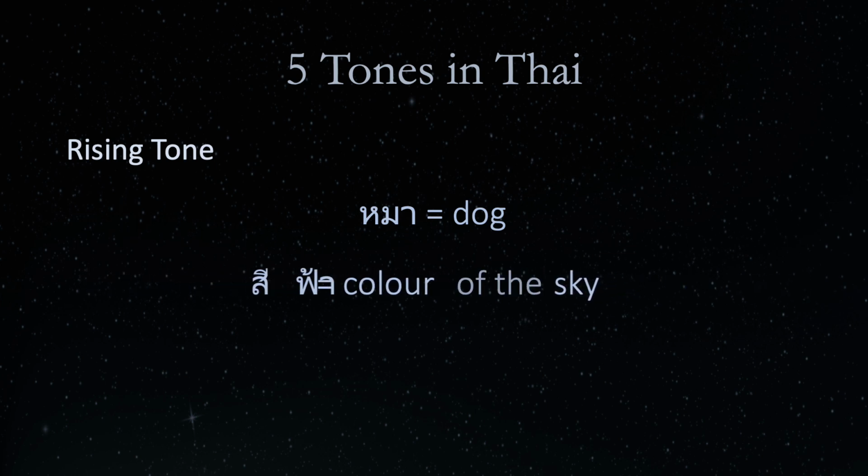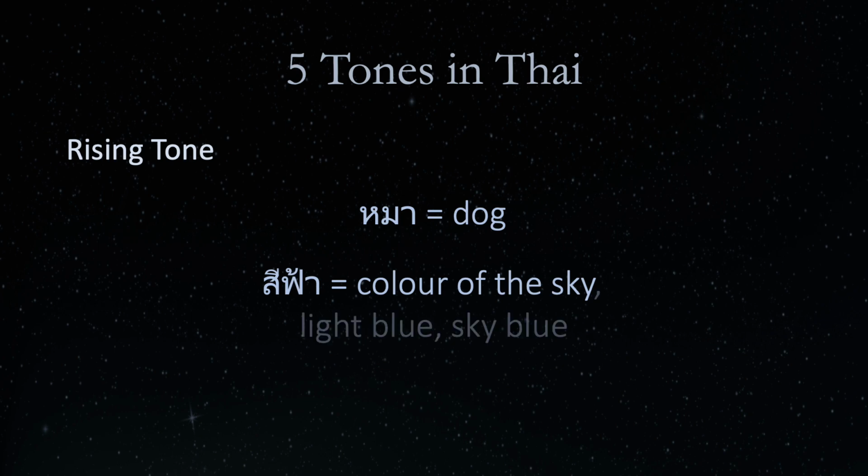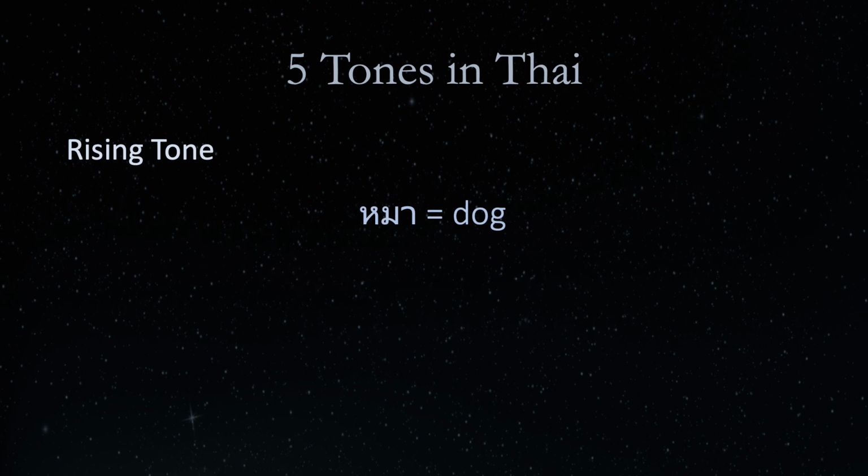Si, fa is therefore the color of the sky, which is light blue or sky blue. Such words will help you differentiate the high from the rising tone. Another word in the rising tone is khao, meaning white. Khao.